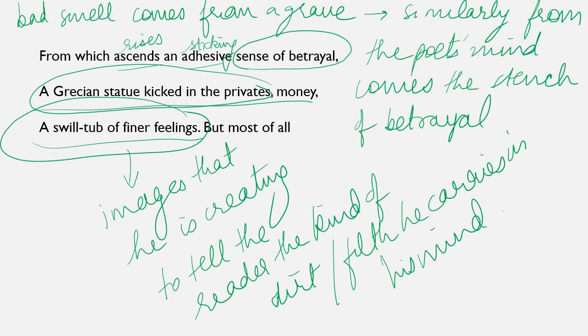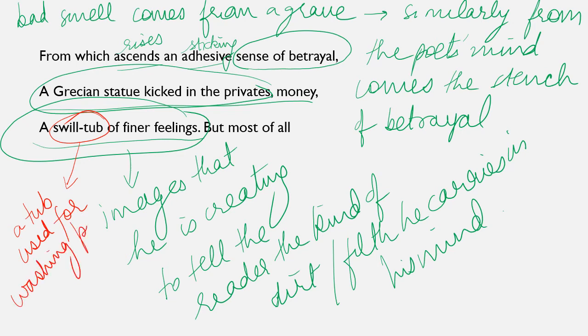And see, obviously a Grecian statue, a statue made in Greece or having a Grecian god's image or something. And swill tub of finer feelings, the meaning of swill tub you must write down over here. Swill tub is a tub used for washing pigs.